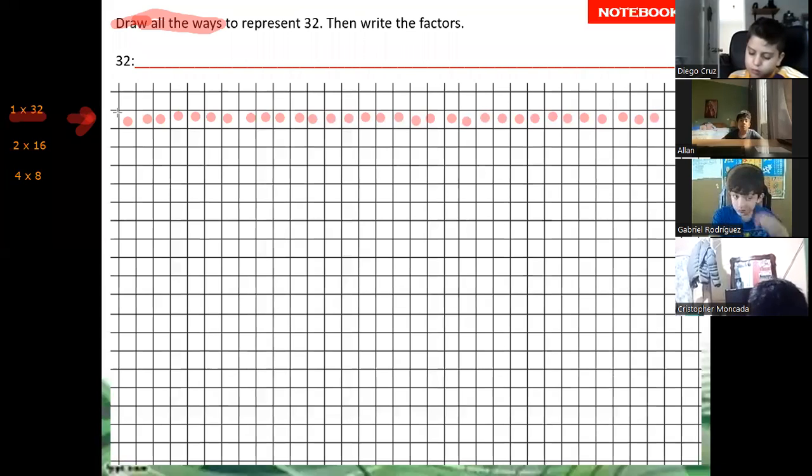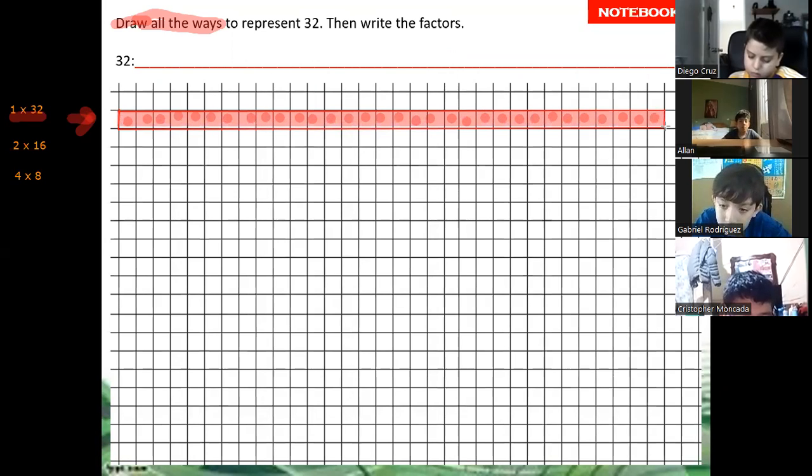I am going to draw a line here, because this is my model. This is the first way I am representing 32. And I color this. So if in the exam I ask you, write the factors of the model.